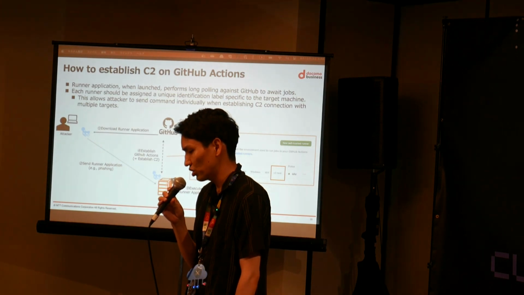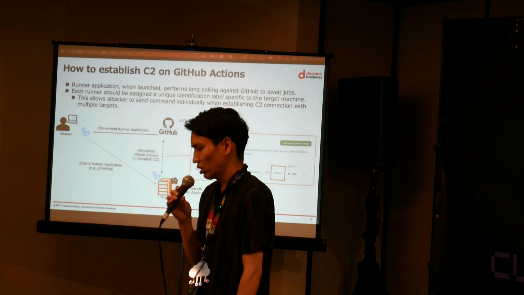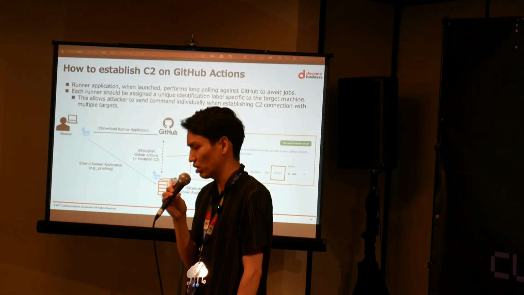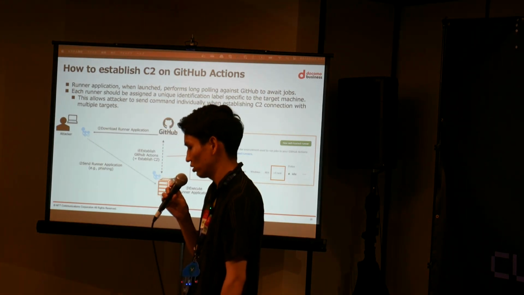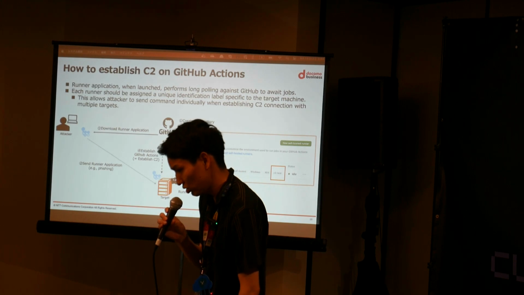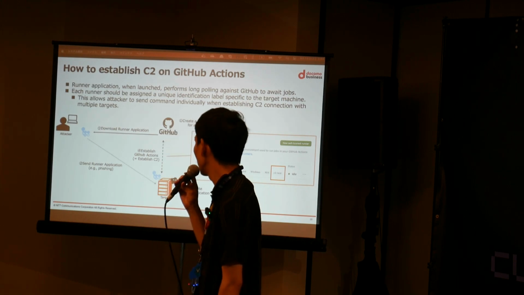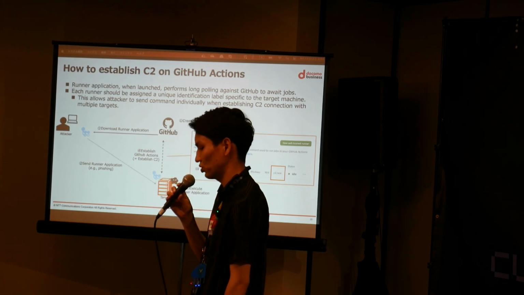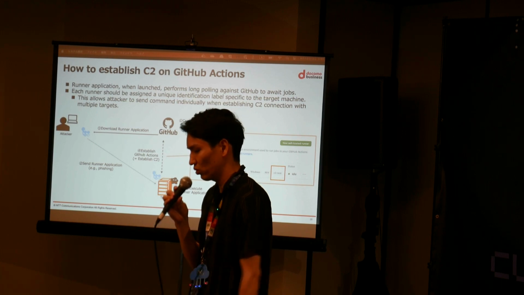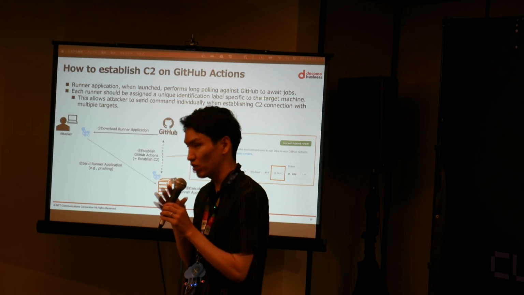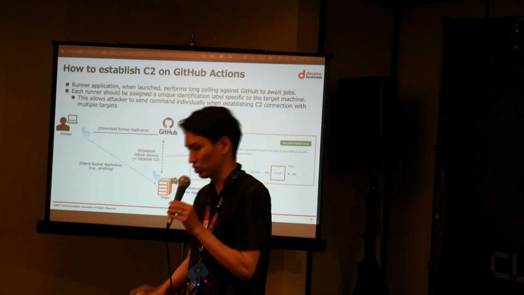To manage the runner as a C2 agent, assigning a unique label is needed. This allows attackers to send commands individually when establishing C2 connections with multiple targets. Without it, the attacker ends up sending the same commands to all connecting hosts.